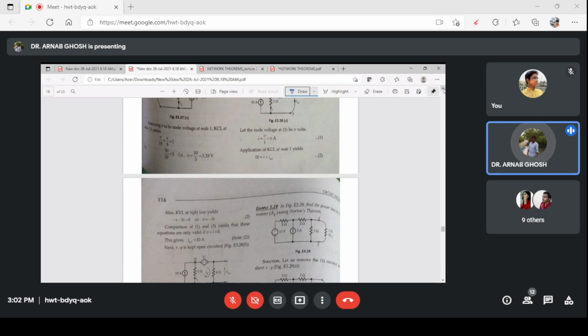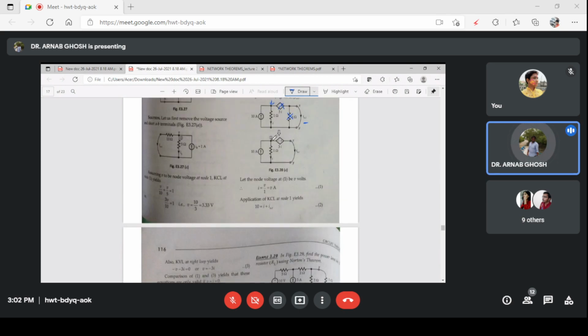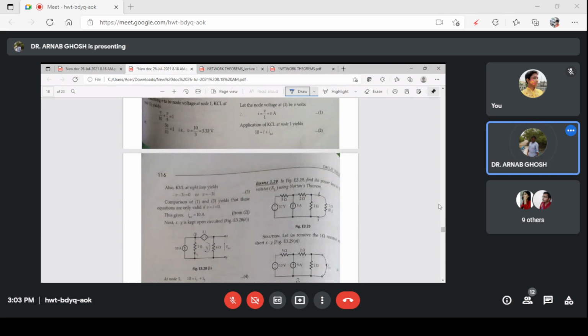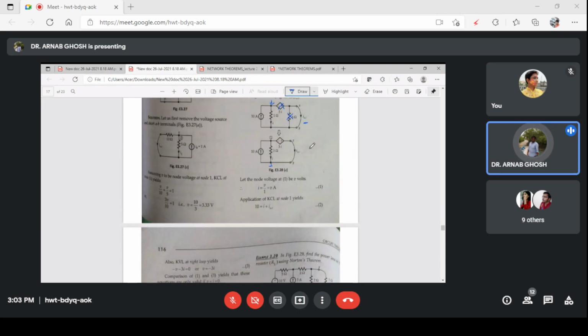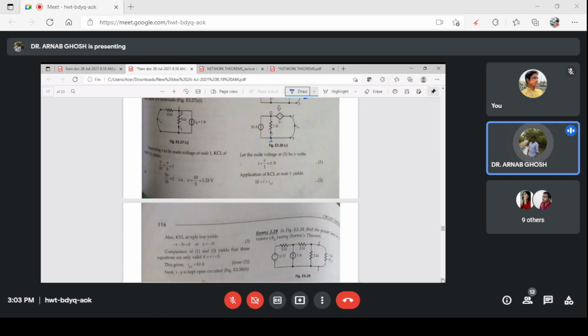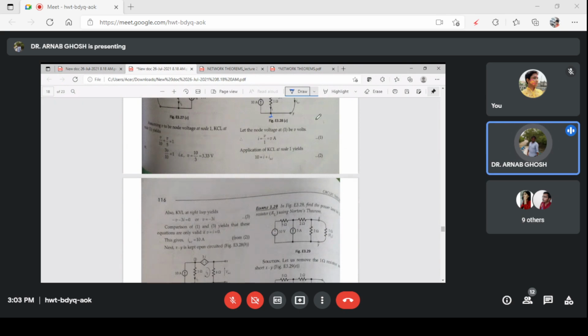What is I? If you are considering the voltage at node 1 as V, and this to be the ground node, so your I will be V minus 0 by 1, that is V. Now applying KVL at this loop, this is coming out as minus V minus 3I is equal to 0.